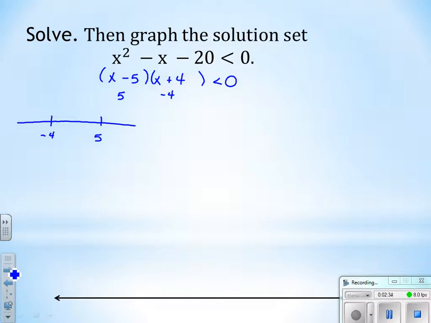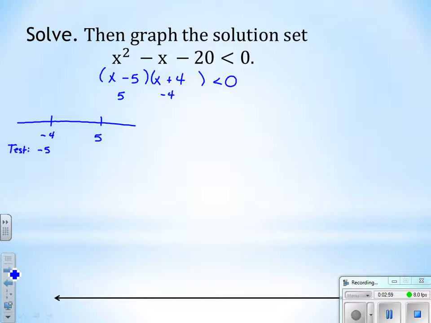You can pick any number you wish to use as your testing value. If a value, for example, under negative 4 tests out as true, every value under negative 4 will test out as true. So you don't have to do a million of them, you just have to pick one. My test values, and you wouldn't have to pick the same ones that I do, are negative 5 under negative 4.